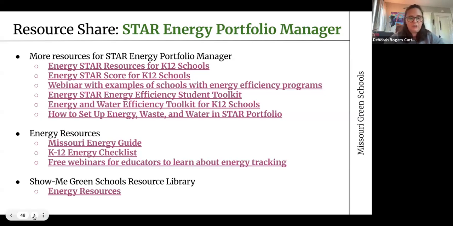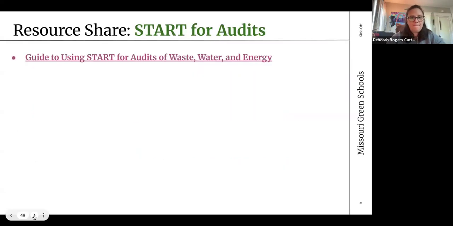We also have a couple of extra energy resources, and then our Show Me Green Schools resource library has an entire page on waste, an entire page on energy, and an entire page on water, with lots of resources available. I also wanted to share the START guide. For those of you in Missouri Green Schools who are a little bit more advanced, you have a free account in START, which is different from STAR.